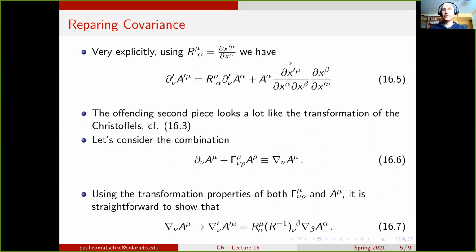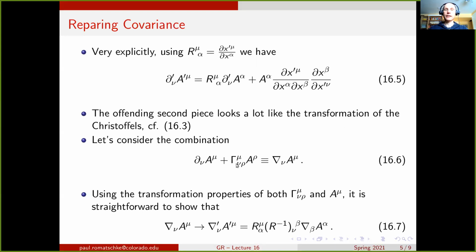The point of writing the expression in 16.5 very explicitly is that it is not too hard to verify that this offending term that comes from the transformation matrix of the usual derivative on A actually cancels exactly with the transformation term that we get for the transformation of the Christoffel symbols.